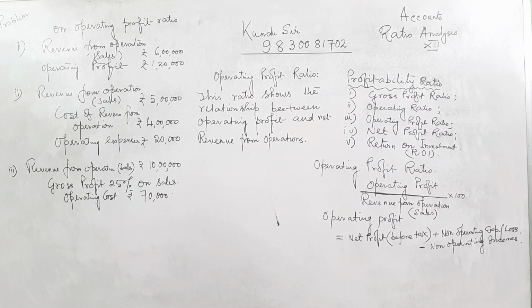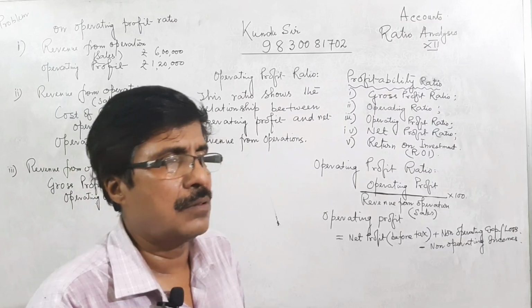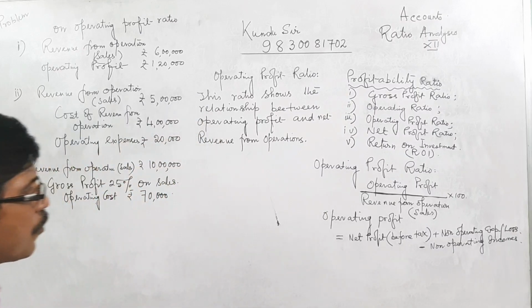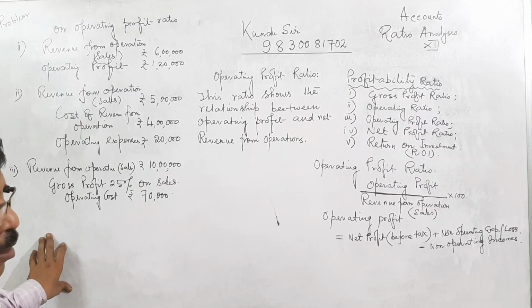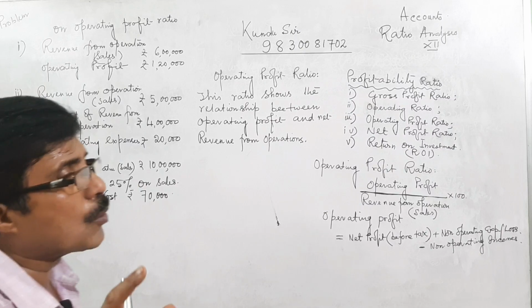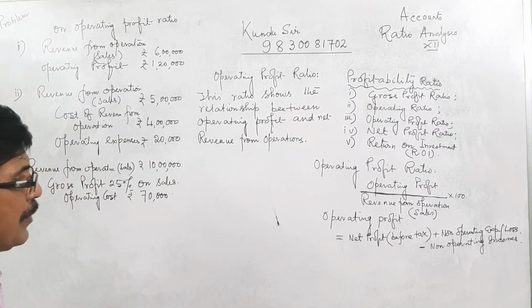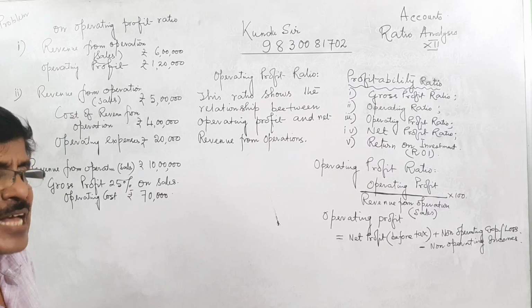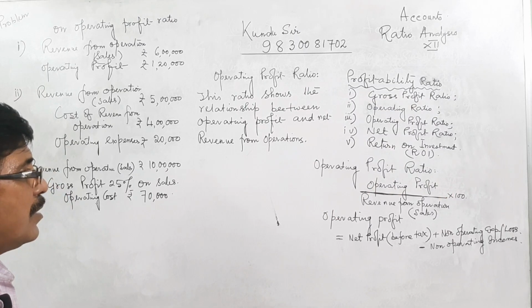Again I am saying, we are first getting revenue from operation. From revenue from operation, if we deduct cost of goods sold, then we will get the gross profit. From gross profit, if you deduct operating expenses, then we will get the operating profit.